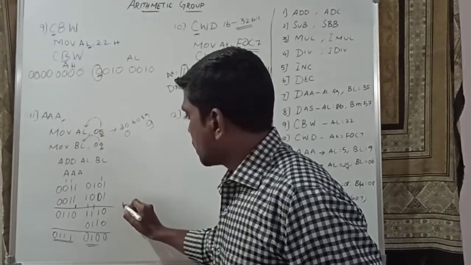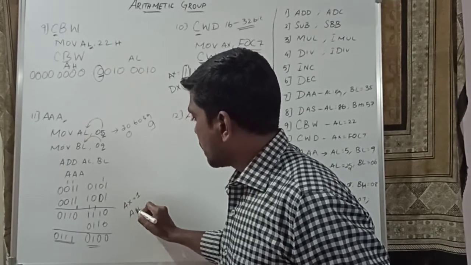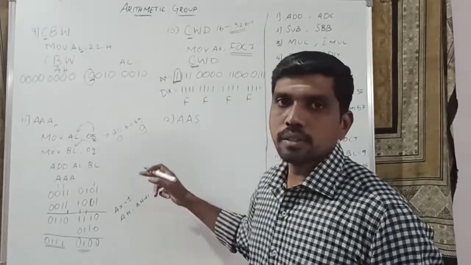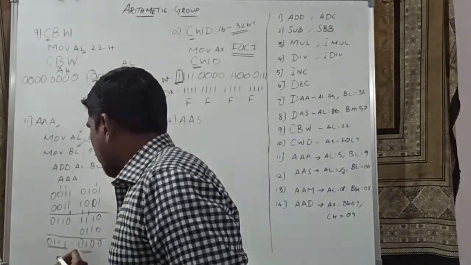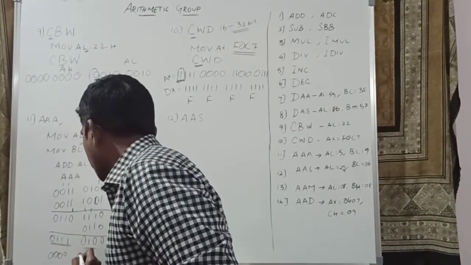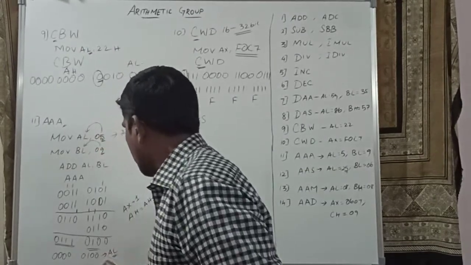One more case: if auxiliary carry equals 1, AH equals AH plus 1, just incrementing the AH value. After masking, you get the value 0 0 0 0 0 1 0 0. This value is stored in the AL register.